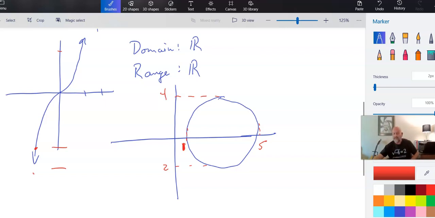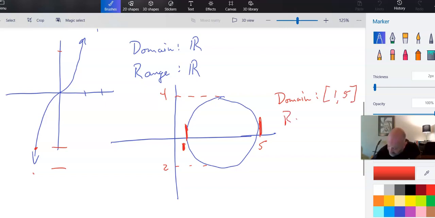Whatever this shape is. So for something like this, your domain is not all real numbers now. It's all the x values that you can plug in, which run from right here to right here. So it only runs from 1 to 5. Those are my only legal x values. But they're both included. So it's a closed interval from 1 to 5.